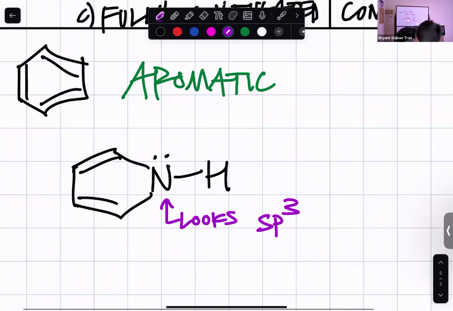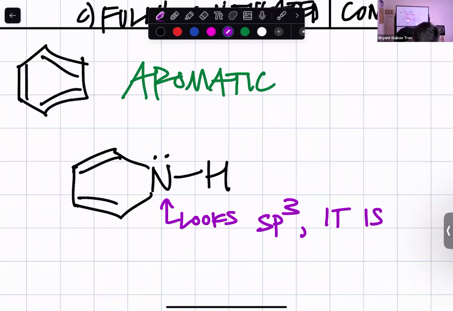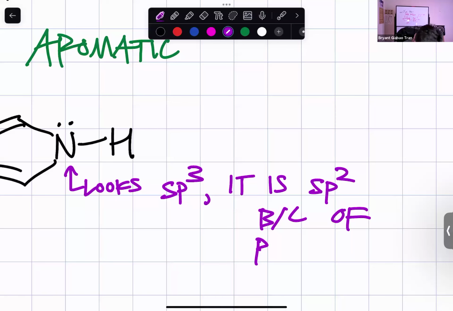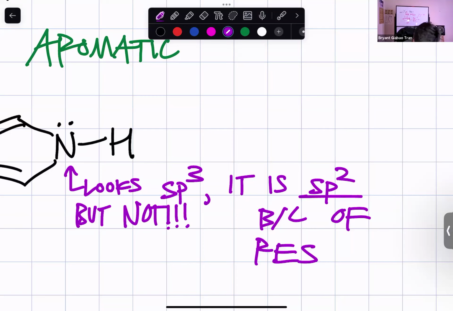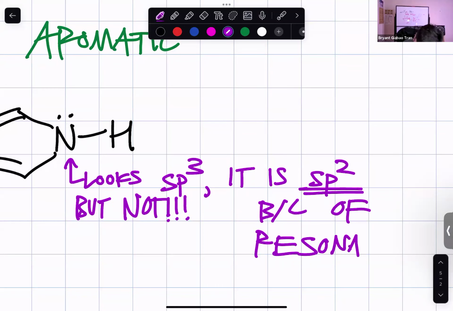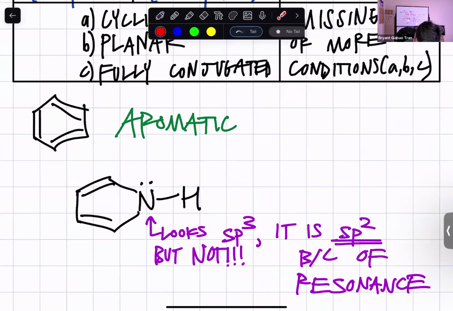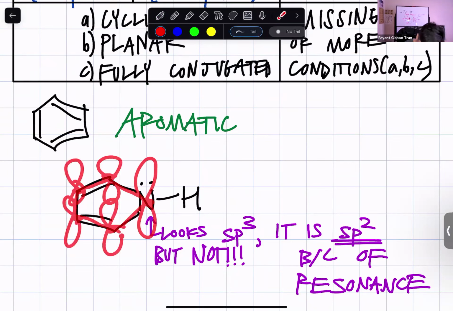Wait, it looks sp3, but it is sp2 because of resonance. Looks sp3, but not, right? It's not sp3. It is sp2 because it can do resonance. So that is fully conjugated then, because we have sp2, sp2, sp2, sp2, and the nitrogen that's not sp3, a network of adjacent sp2-like atoms or p orbitals happening.